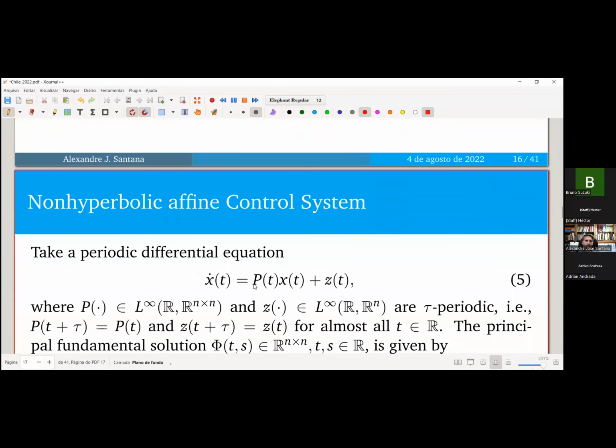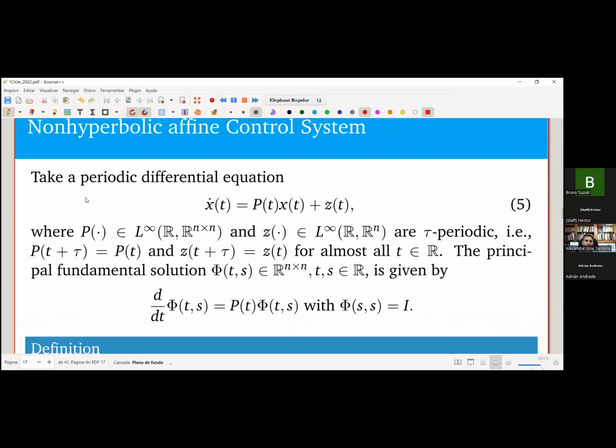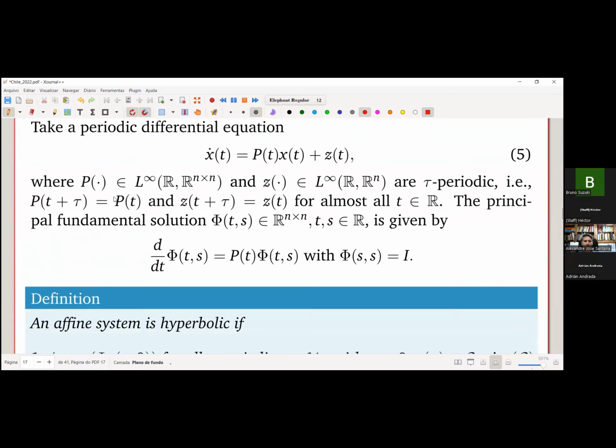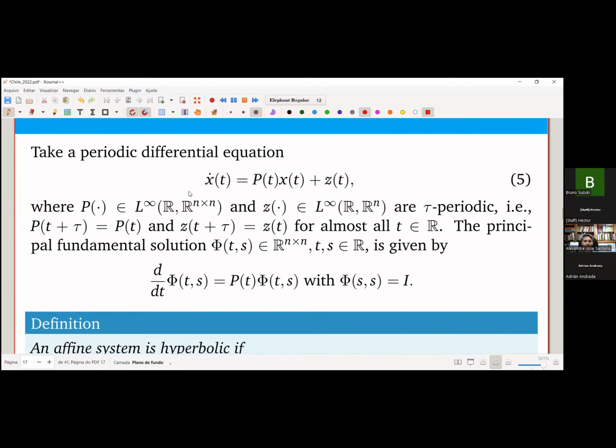So now we have here some technical definition, the definition of a non-hyperbolic affine control system. For this definition, we take a periodic differential equation, given by this equation here, of course, where we have the fundamental solution of this equation.